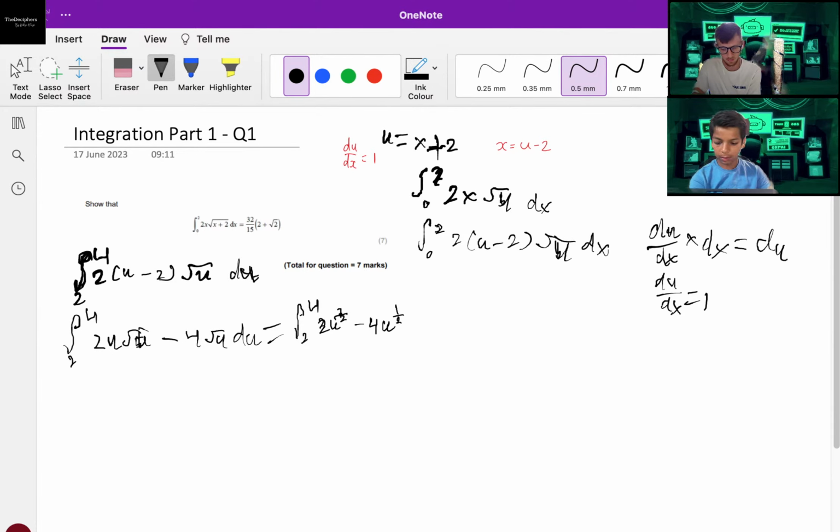So then I think we can easily evaluate the integrals. Don't forget du at the end of that line.